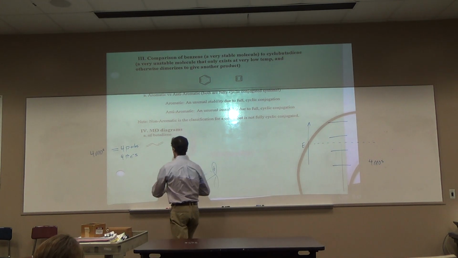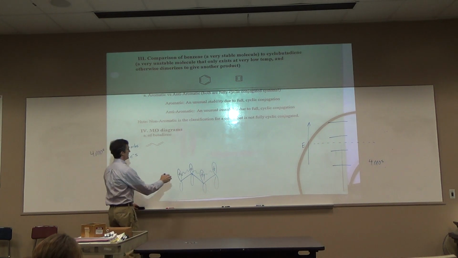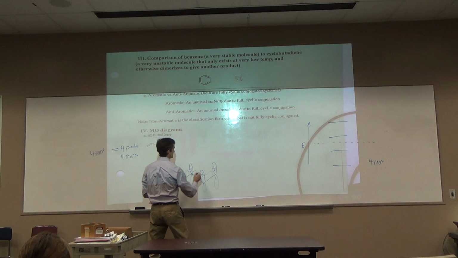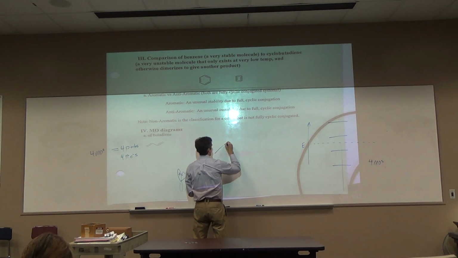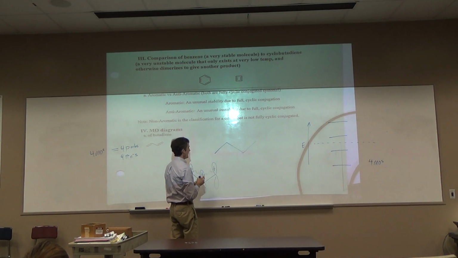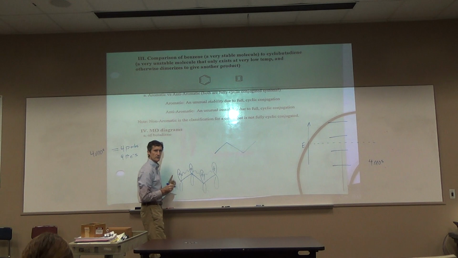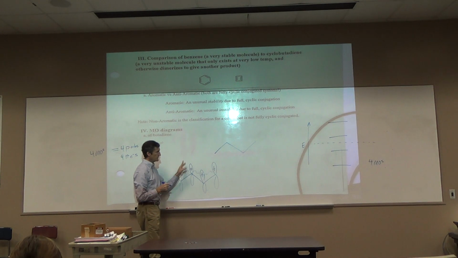Okay, what are other ways that these could interact? I wish I'd have drawn this a little bit over. I could move that over here. Another way for them to interact is, I'll do this quickly. Instead of drawing the orbitals, can I just draw signs?